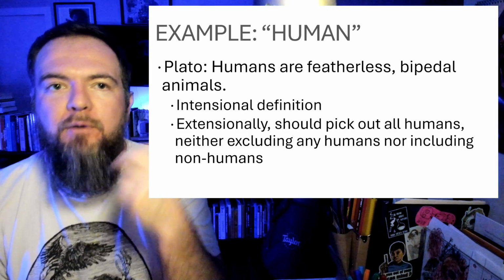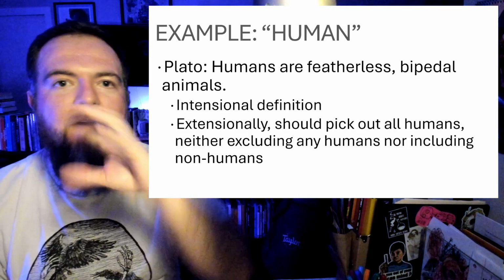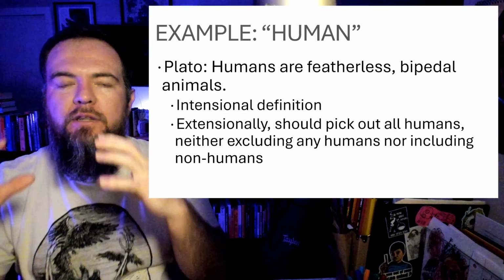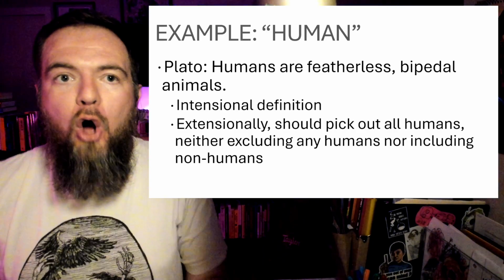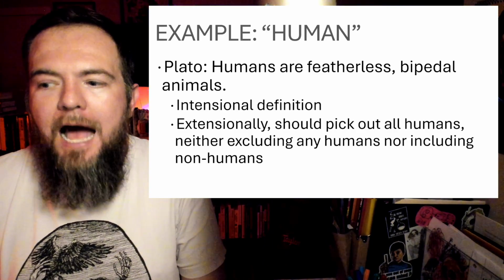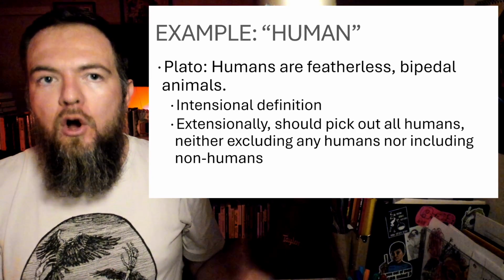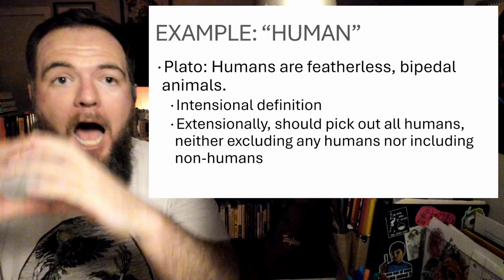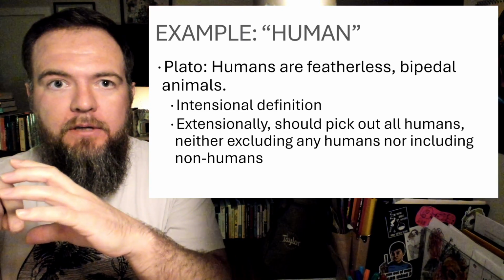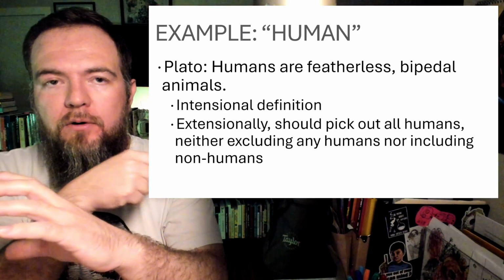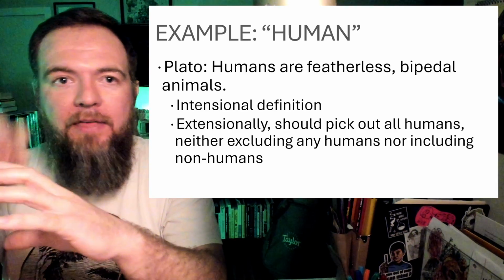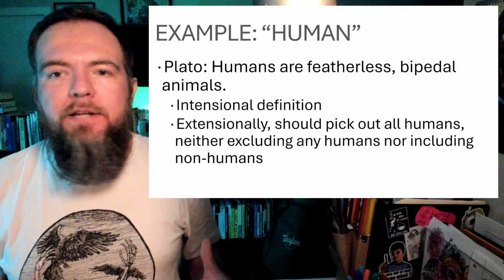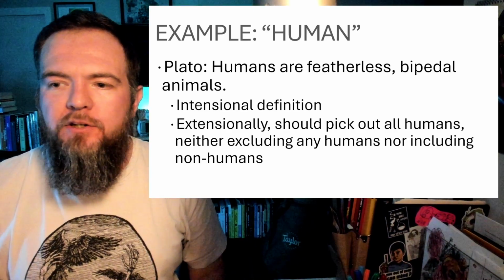So if we're trying to define human, whatever definition we offer that is picking what goes inside the circle should include all humans, and it should not exclude any humans. Moreover, there should be no non-humans in the circle. It should only be non-humans outside the circle. There should be no humans that end up outside the circle rather than inside it. That's what we're trying to do with that definition.